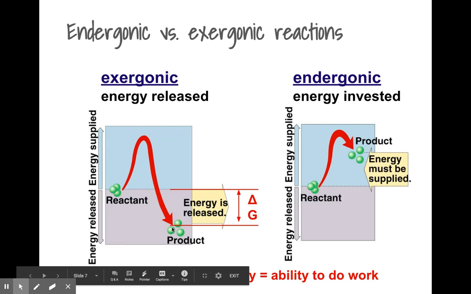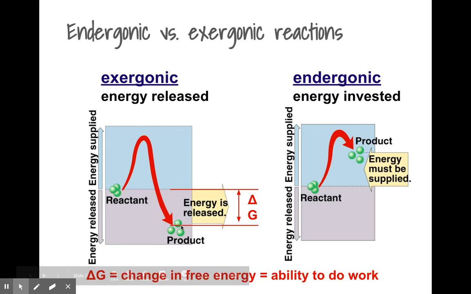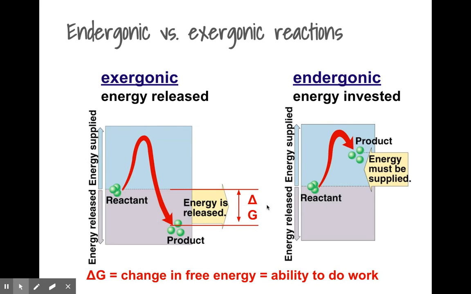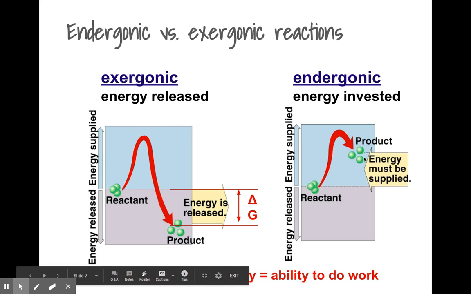So this molecule is broken down into these three smaller molecules, and this here means that energy is released, or that's our change of G, which is our change of free energy, or the ability to do work. Whereas in an endergonic reaction, here's my reactant, and in the end, I'm building these molecules. So when I build these molecules, I retain the energy. So exergonic is when the energy gets released, endergonic is when I am maintaining or I'm building the energy.